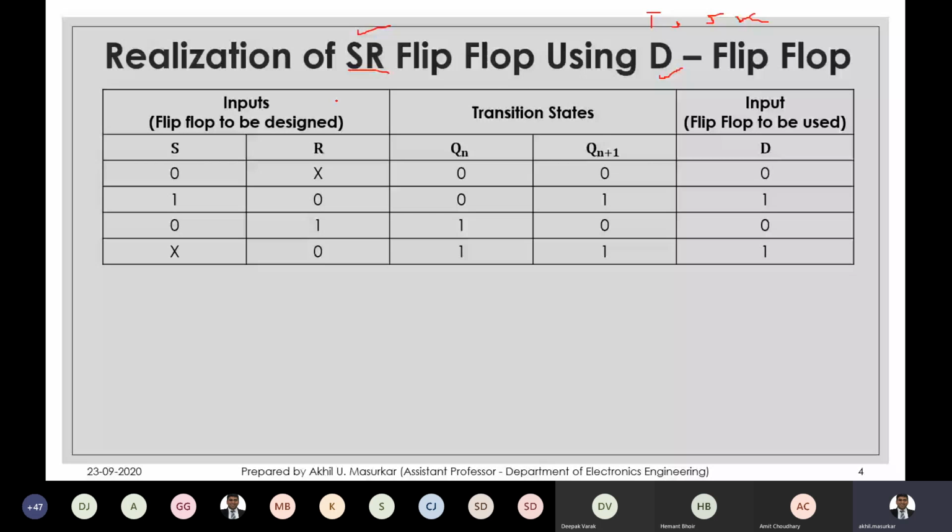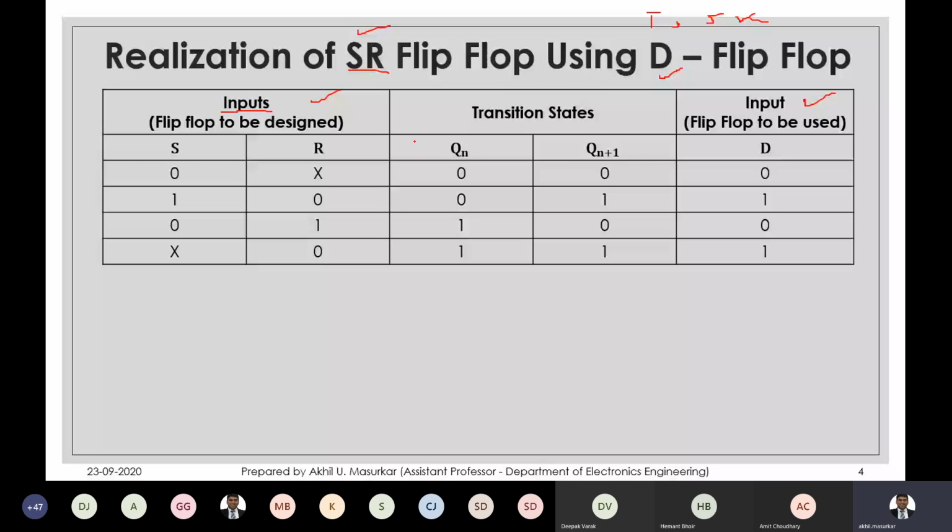So this is my SR transition table, and this is my transition table of the flip flop to be used, and the transition states are common to both of them, that is Qn and Qn plus 1.